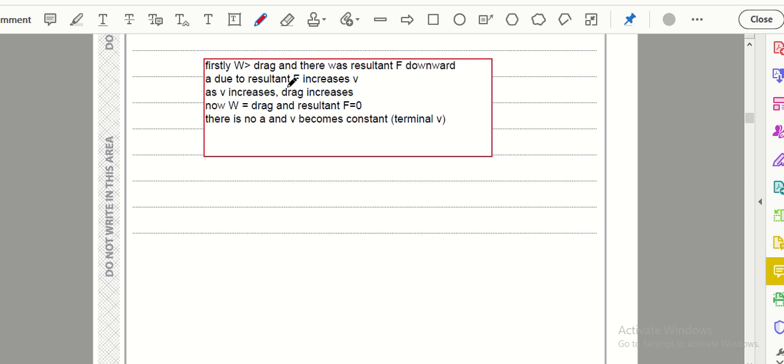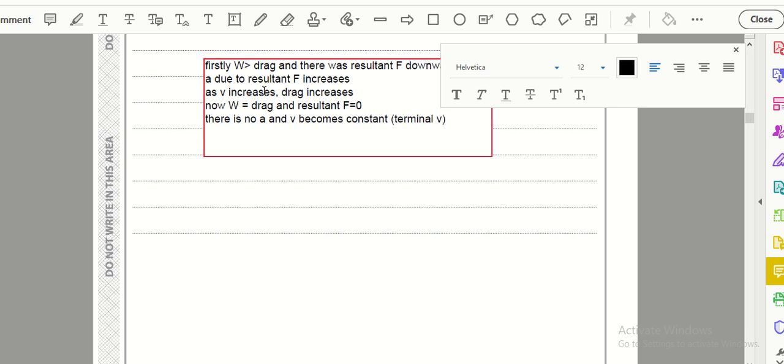Acceleration due to this resultant force increases the velocity, but as the velocity increases, drag also increases. So now weight will be equal to the drag and the resultant force will be equal to 0, and there will not be an acceleration, and v becomes constant, which is the terminal velocity.